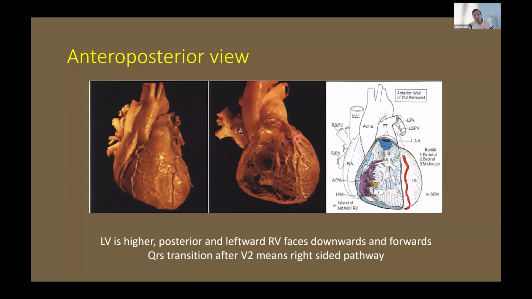And so that's going to automatically have implications on leads which are placed superior, posterior, leftward, and so on. The other thing that comes through clearly from this is that if your QRS transition happens after lead V2, which is sitting across the septum, then it's very likely to be a right-sided pathway.